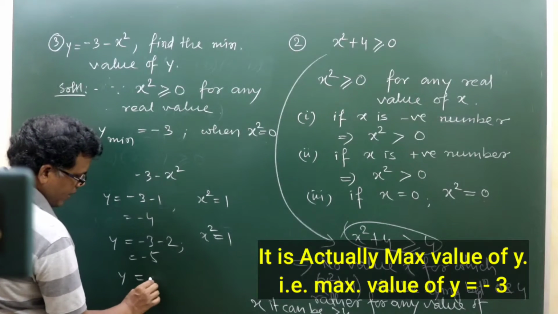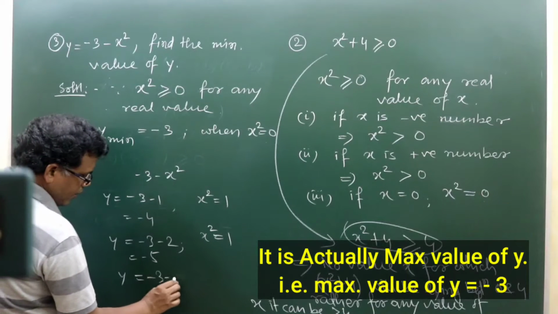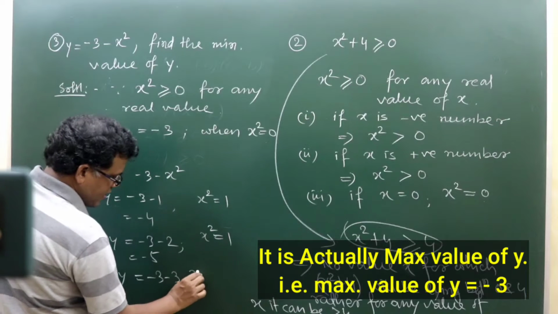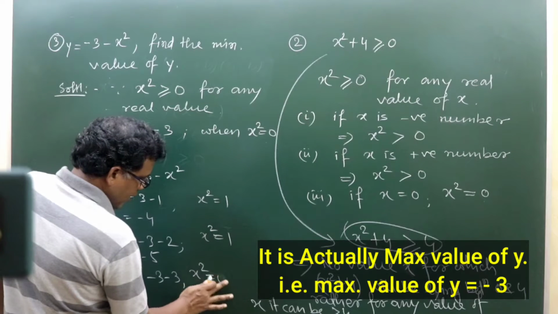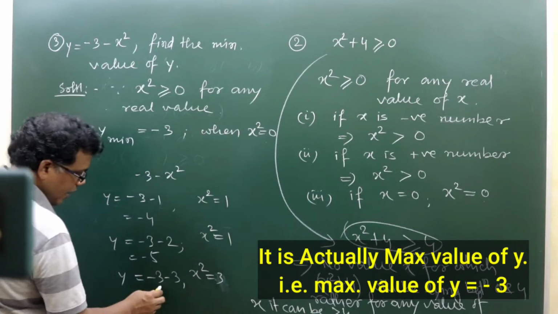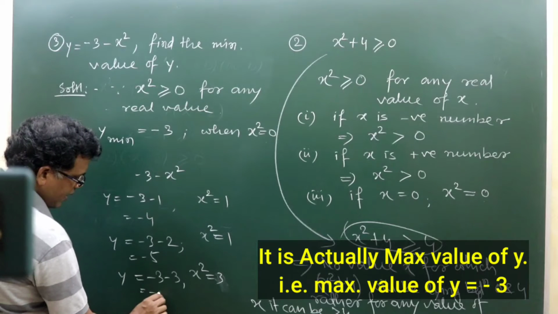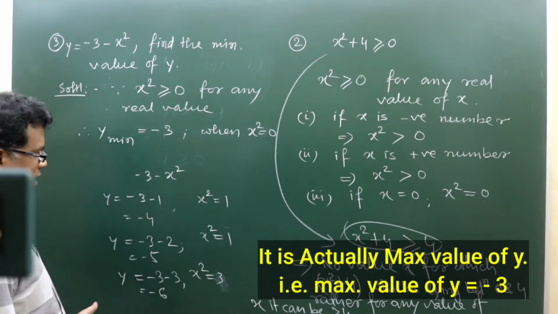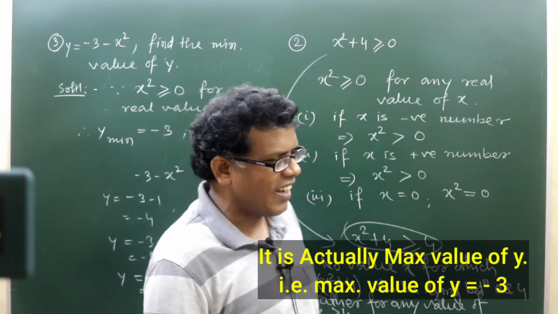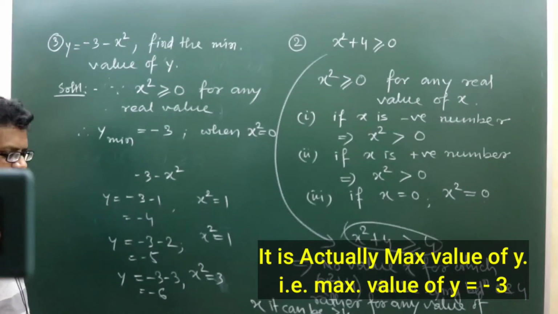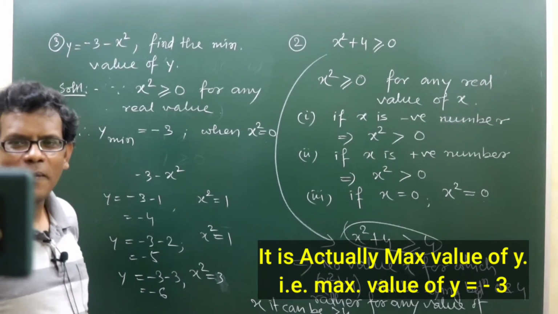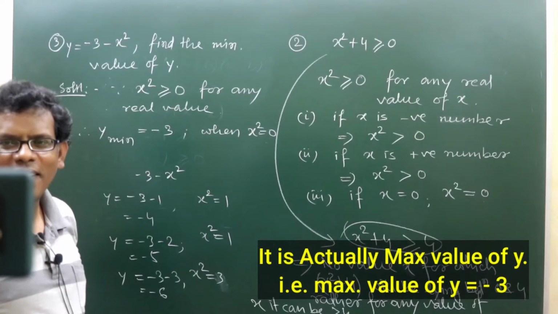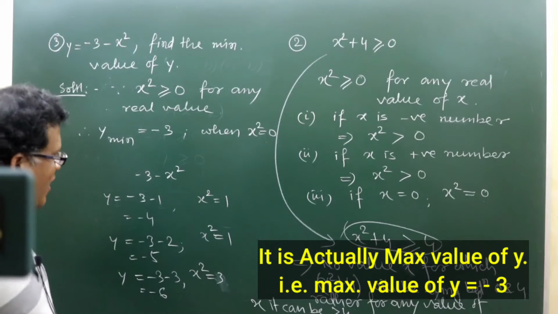When x square is 3, then it is minus 6. As we are increasing the values of x square as positive, the results are coming in a different way.